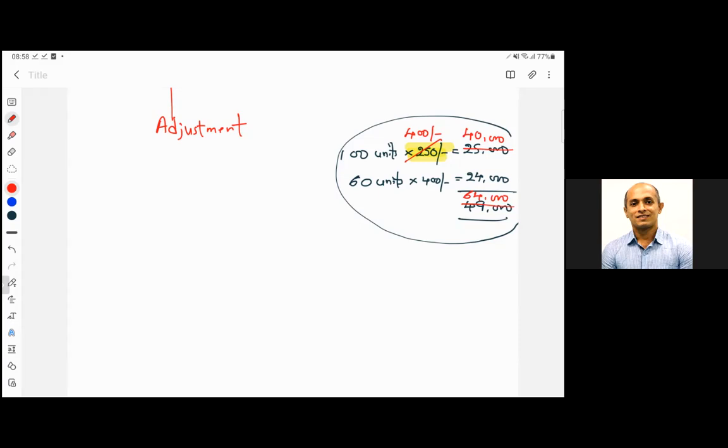So if you are an internal analyst working in the company itself, you have access to the accounting system. You can see the inventory costing, and any old prices applied, you can update to the current price.